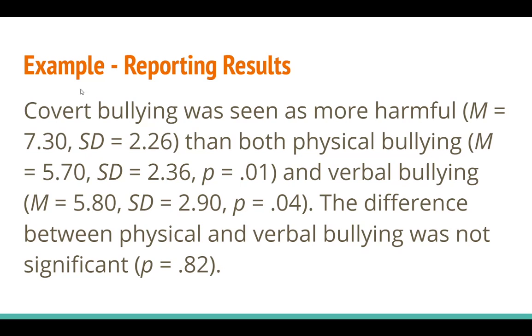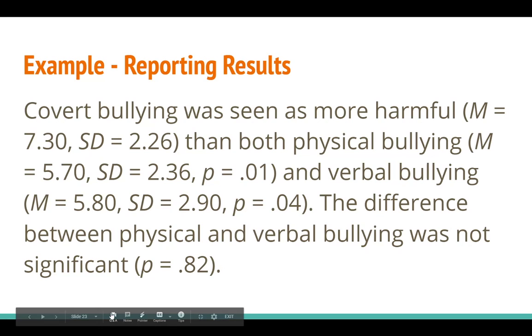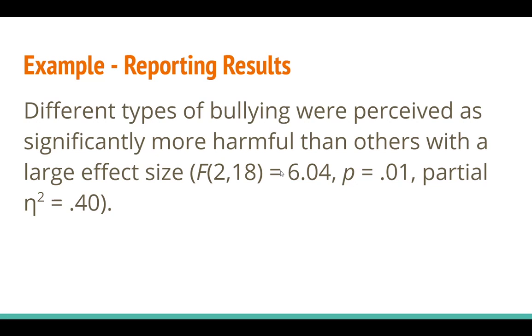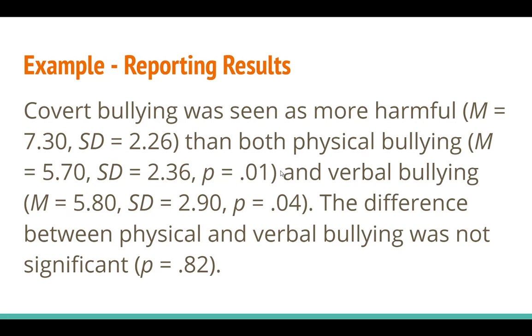So in one sentence, we're saying that covert was seen as more harmful than the other two. So we've compared 2 of our relationships in one sentence. In the next sentence, we want to compare the third relationship. The difference between physical and verbal bullying was not significant, and we give its P. So all it took was 2 sentences to sum up all of our post-hocs, and then 1 sentence for the overall, which was up here. So in 3 sentences total, we have done our results.